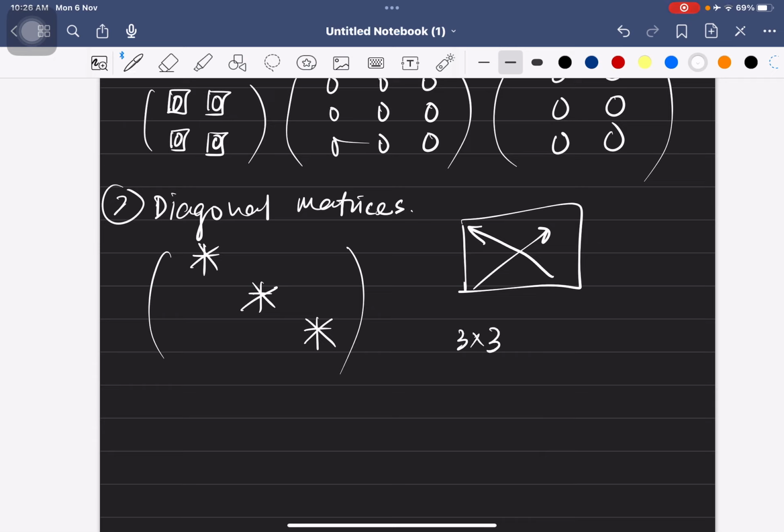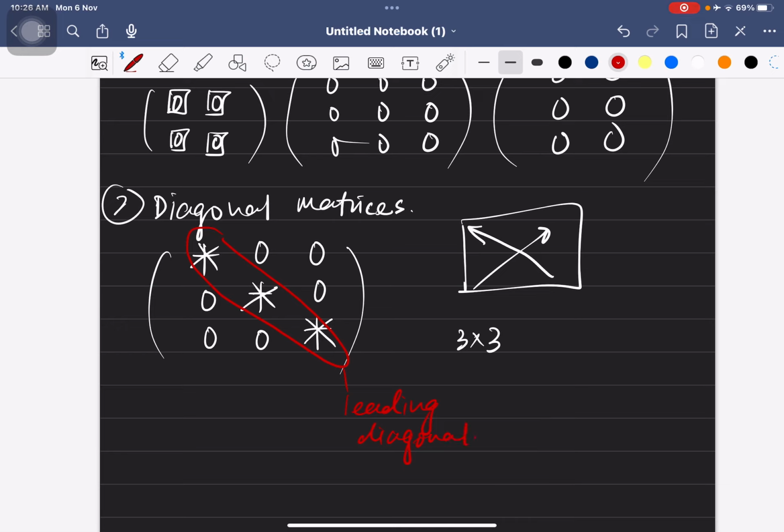So a diagonal matrix refers to one where the entries on this diagonal all have a certain number, whereas those that are not on this diagonal are all 0. This is what we call the leading diagonal.